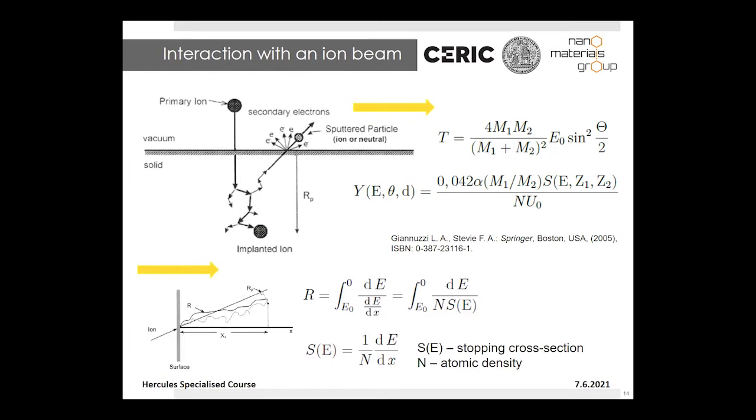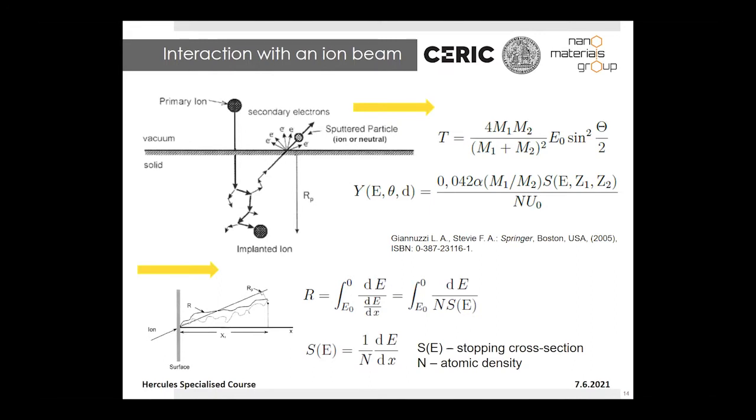If you have a primary ion, an ion has a much higher mass than an electron. So if an ion interacts with a solid, with our sample, there can be several processes. First, it can sputter electrons or a sputtered particle, an ion or a neutral particle, or it can be implemented into the sample.